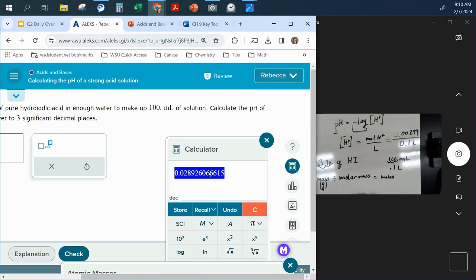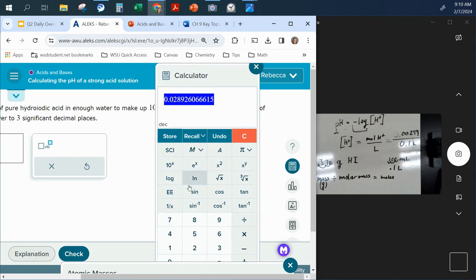We need to take the log of this. So I'm going to copy this, and then on my calculator, does it just do log? Oh, great, it'll just do that. Don't need to make it negative though? Yes. If you forget to make it negative, it'll come out negative. Your pH, in our class, should not be negative. So if you get a negative pH, check your work. Maybe you forgot the negative.